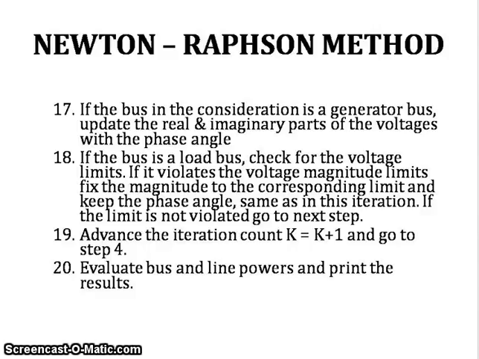Finally we will get a Jacobian equation in terms of delta P's and delta Q's with respect to the Jacobian matrix multiplied by delta delta and delta V by V, and so on.